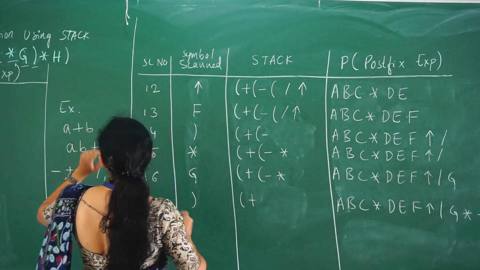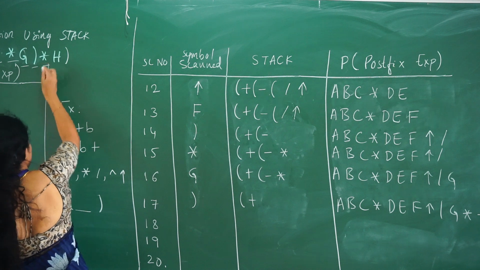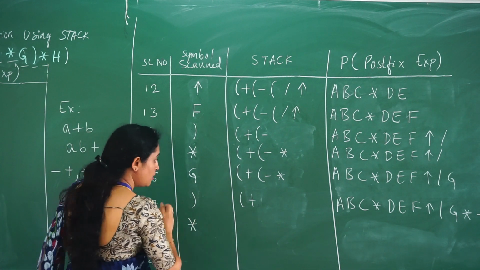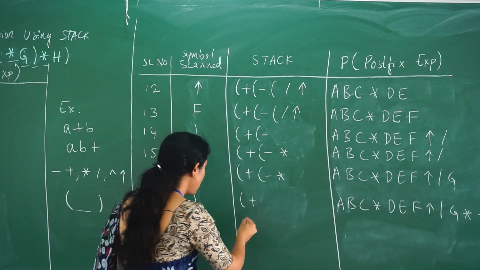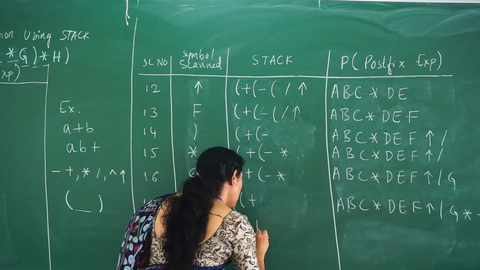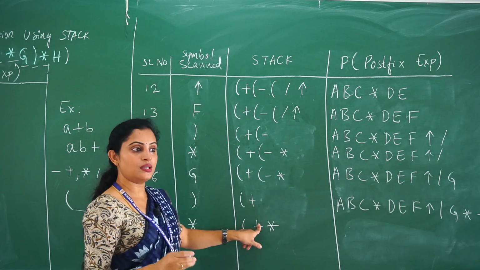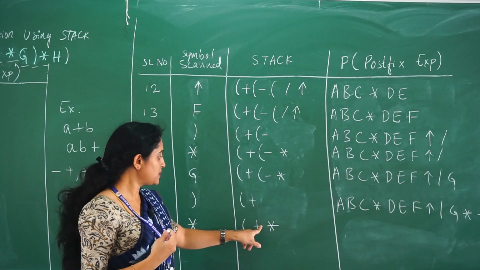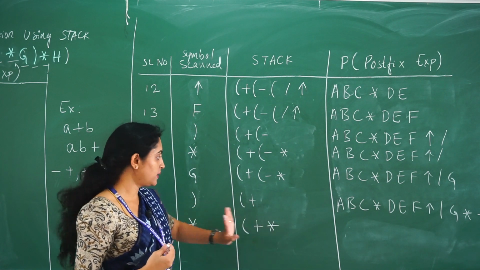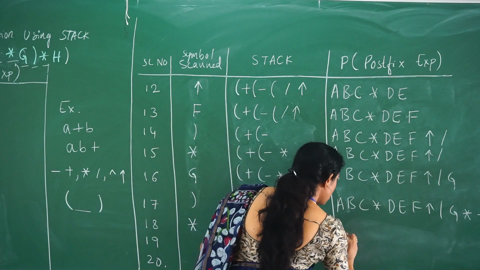So the next scanned symbol is the asterisk. Since asterisk is an operator, we have to place it into the stack. Plus has a lower precedence than the asterisk, so we can push it inside the stack. So postfix remains the same.